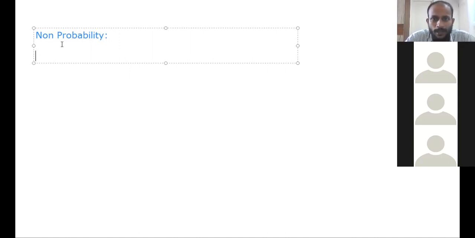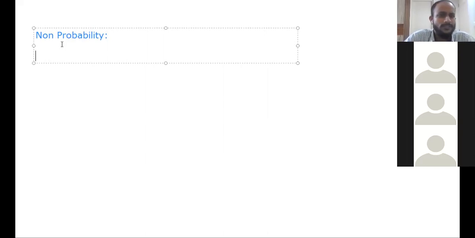For example, if I wanted to take the feedback of this particular class, I take only those students whose name starts with the alphabet A. Now that is what we call non-probability sampling, because on what basis have I selected them? I am selecting those students whose names start with A. So that means I am not allowing each and every student to be a part of the sample.